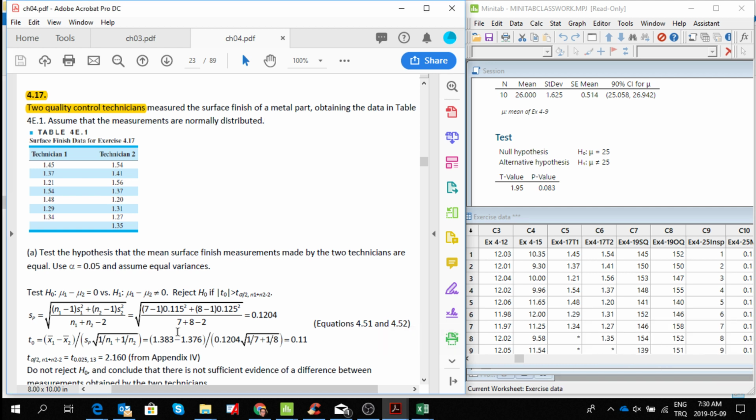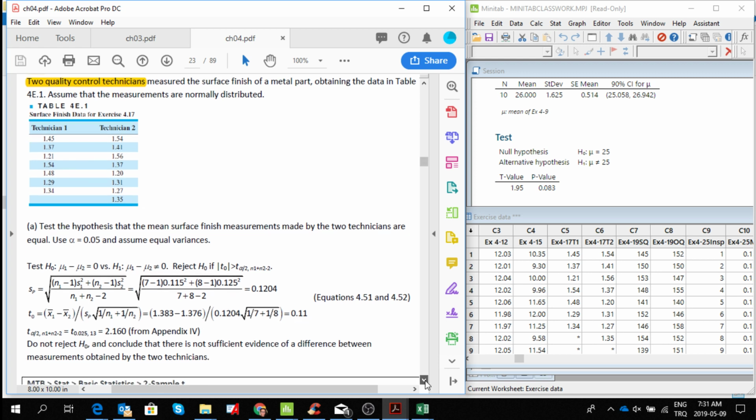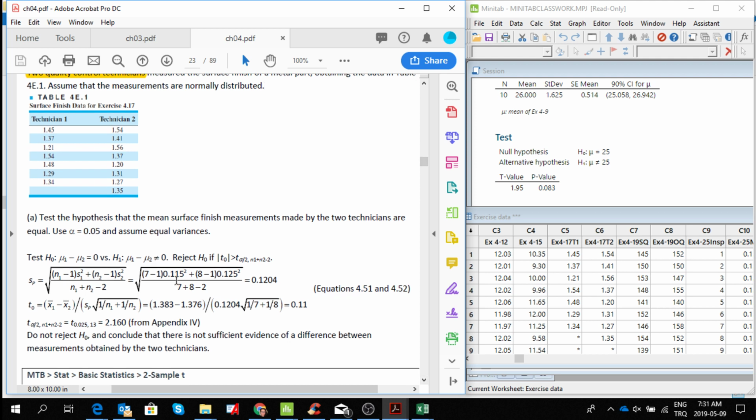So we have to calculate this Sp, and the formulation was given before, I gave you in class, and it is 0.1204. T0 is calculated as follows: x1 bar minus x2 bar minus 0 over Sp times the square root of 1 over n1 plus 1 over n2, and then we get that the T0 value is equal to 0.11. This is all by hand. Then we want to compare this with t alpha over 2, n1 plus n2 minus 2.